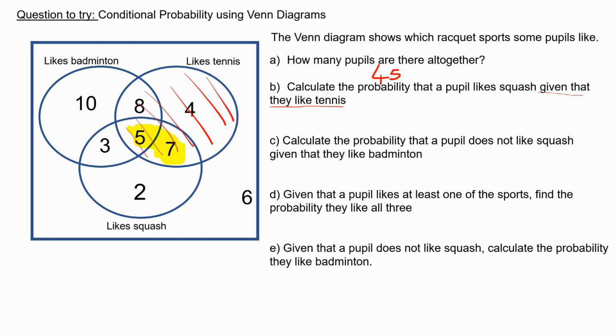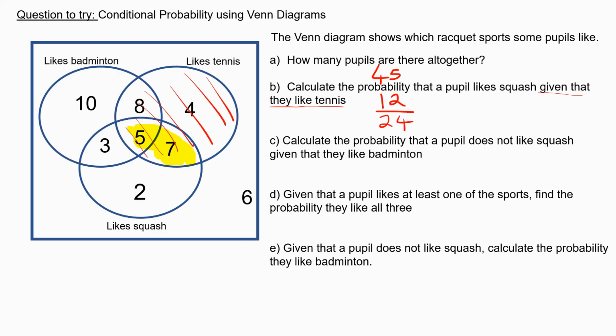So they like squash and they're in the tennis circle. So the probability is going to be 5 plus 7, which is 12, out of the total size of the tennis circle, which is 8 plus 4, which is 12, plus 5 plus 7, which is 24. So that's 12 out of 24, which is a half.